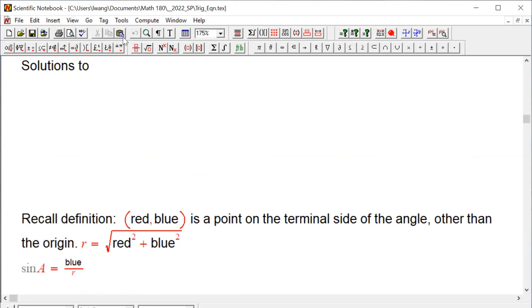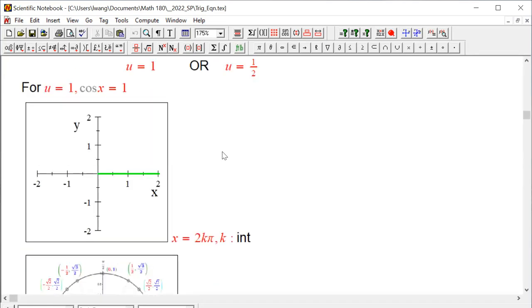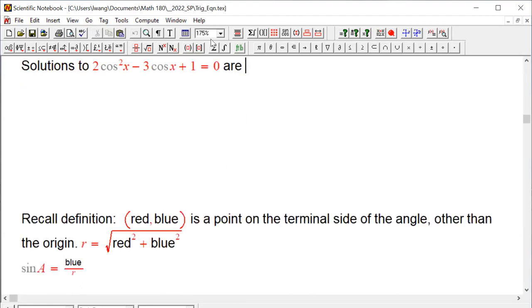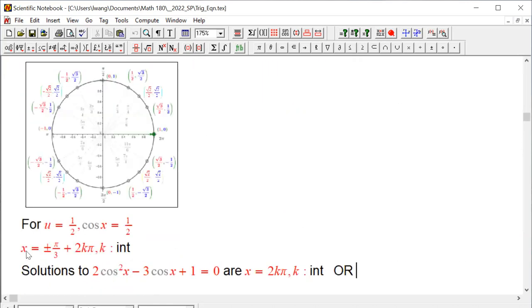What are the solutions to this piece? There are 3 forms. One is this piece, or the next piece is right here.